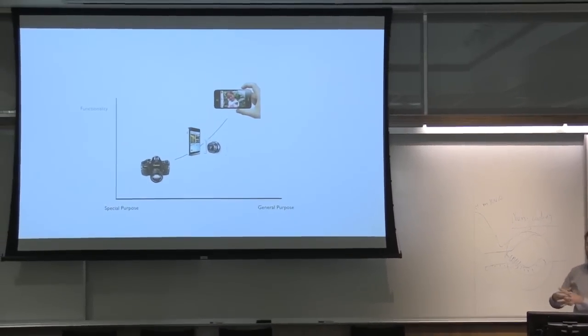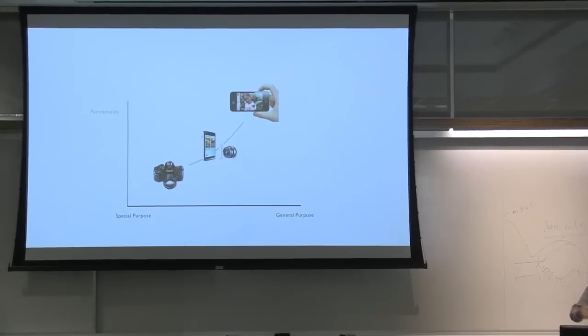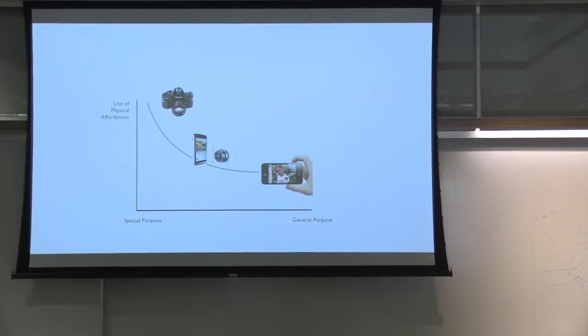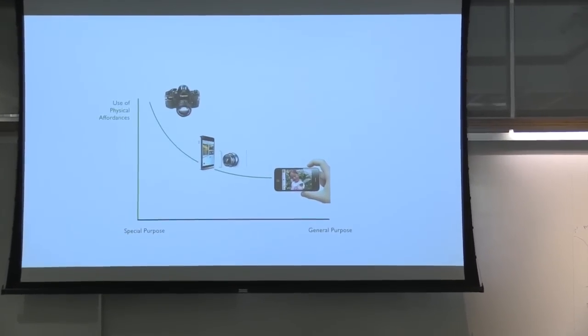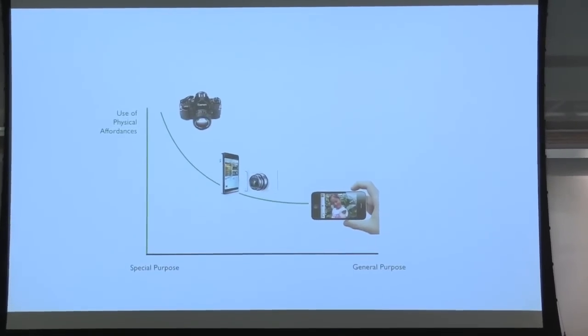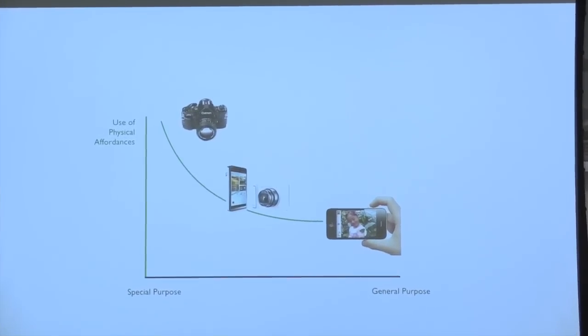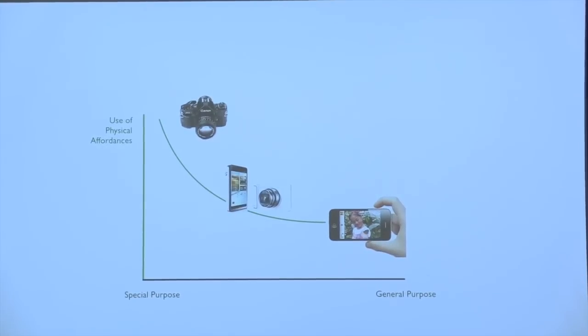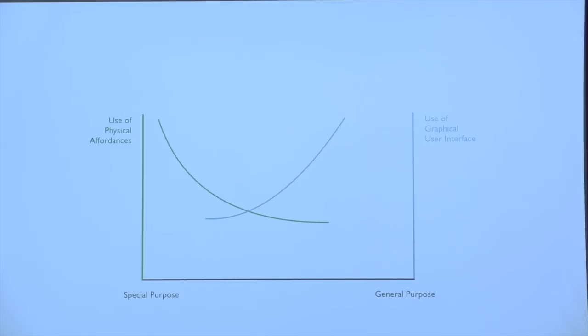And so we have now these devices with increased functionality, but what we're seeing on the other hand is that the use of the physical affordances, these special physical buttons or input elements that are precisely tied to the specific applications, are decreasing. And so what we see is the use of graphical user interfaces instead increasing.